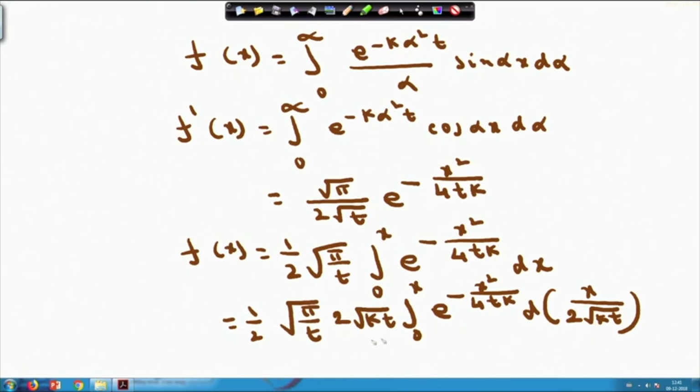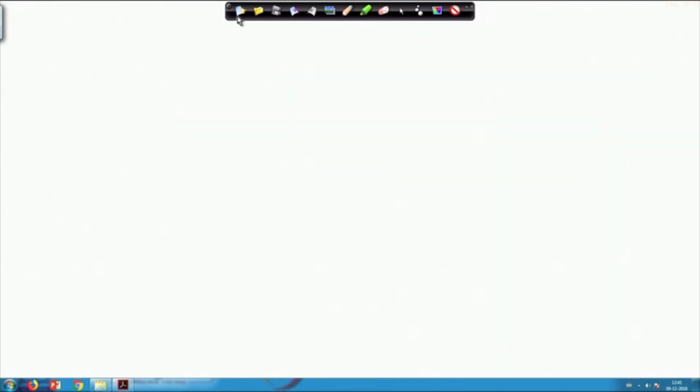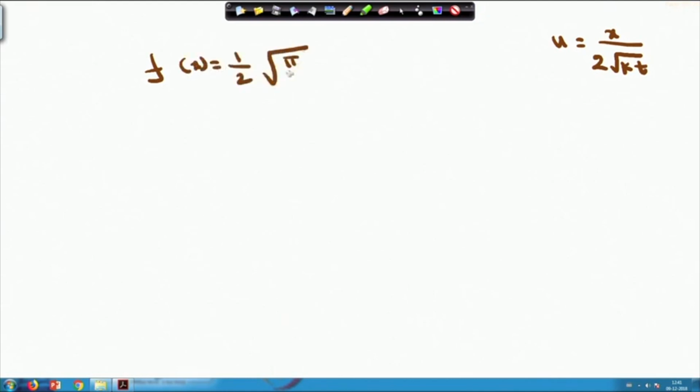So, once I am getting this integral, then on this if you put u equals x by 2 root k t, you will obtain your f x as half into root over pi by t into 2 root k t, integral 0 to x by 2 root k t, e power minus u square du.